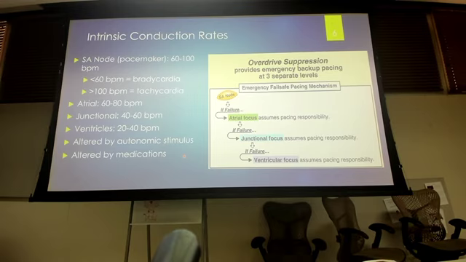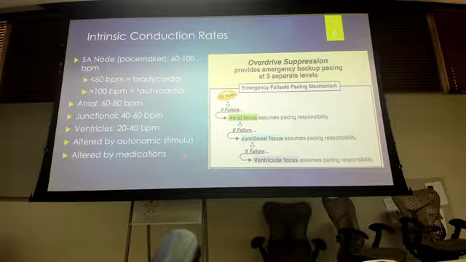Most commonly, we'll see that as part of medications that people are on, especially an overdose of medications, things like beta blockers. Cocaine is a big cause of that as well, because cocaine blocks those other receptors and makes them, I should say, not as permeable to sodium, so now the ventricles end up taking over.